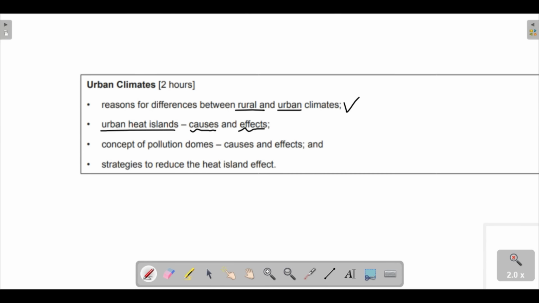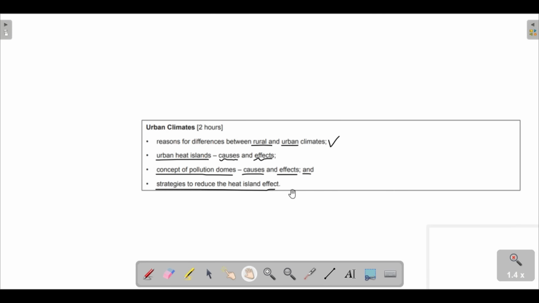We'll also look at the concept of pollution domes, explain its causes and its effects on humans and the environment. And lastly, we'll look at strategies that we can implement to reduce the impact that urban heat islands and pollution domes have on the environment and on humans.